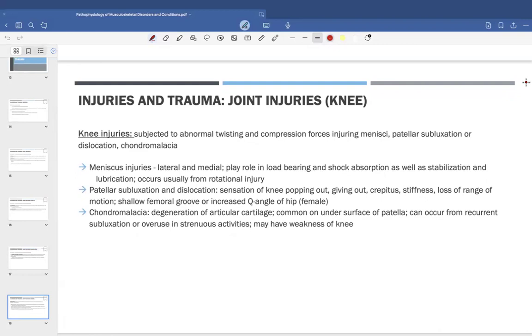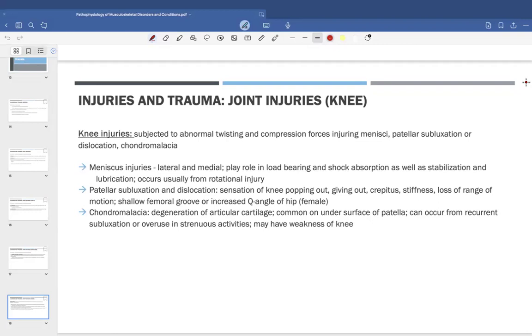The fibula articulates with the tibia only, it does not articulate with the femur. Your patella is essentially a sesamoid bone that rides over top of the femoral groove and is kind of embedded in the quadriceps and patellar tendon. So they join at the patella.